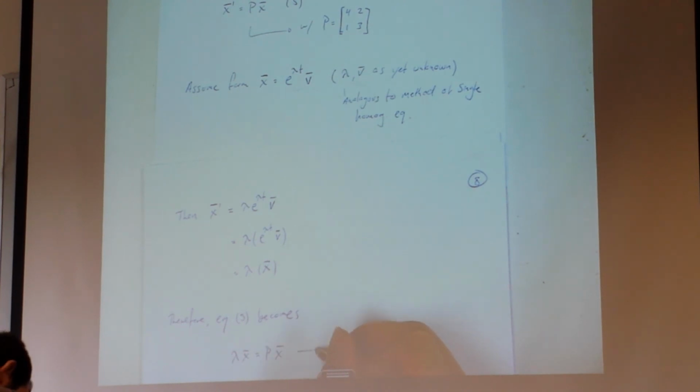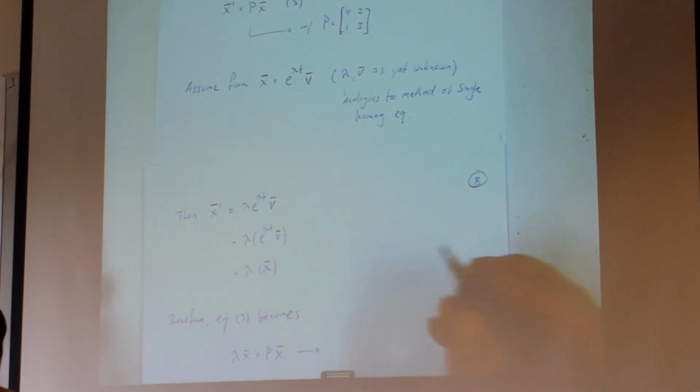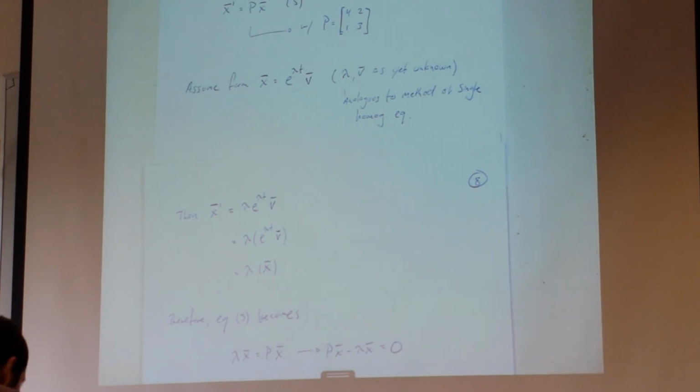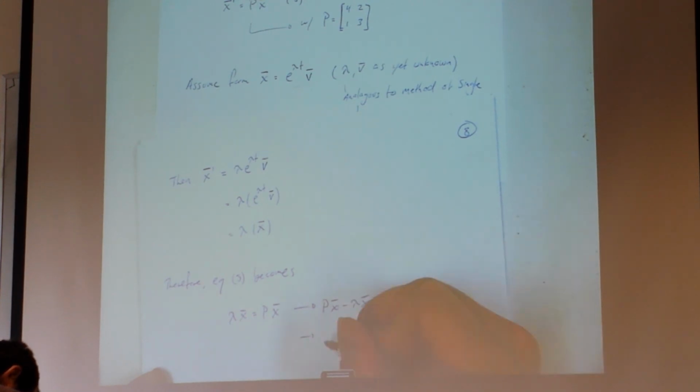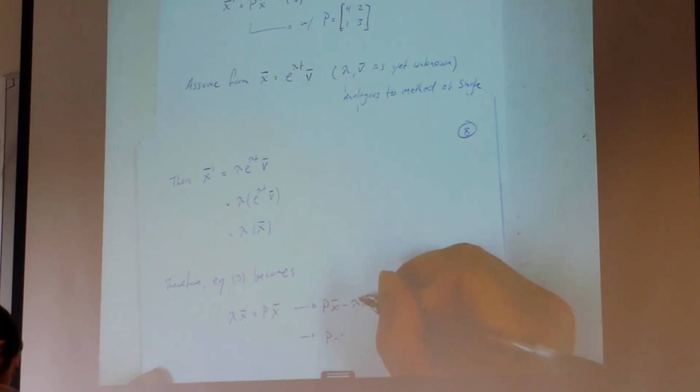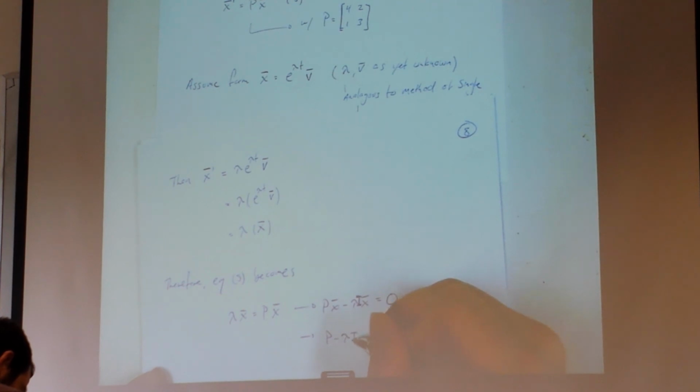And from that, if I subtract the left side from the right, we'd have Px minus lambda x equals 0. And this would yield, by right multiplication by x bar, P minus lambda I, throwing in an I there, it's like 1, P minus lambda I, x bar equals 0.